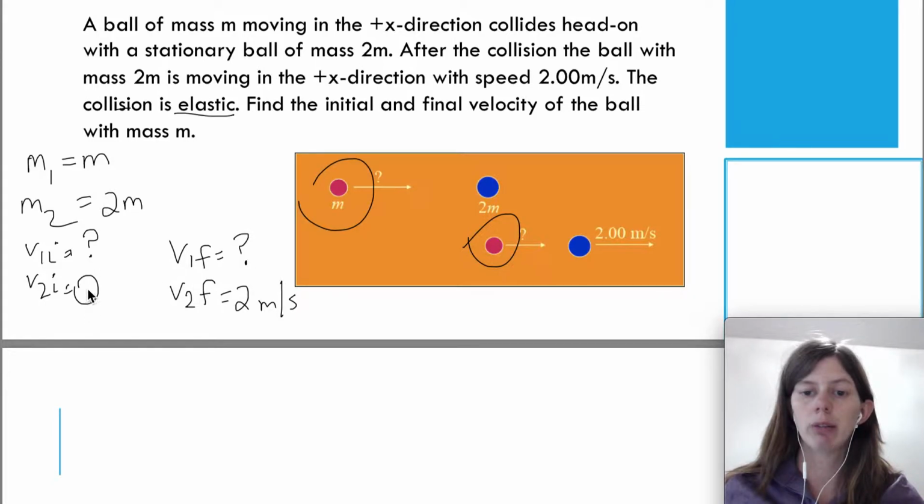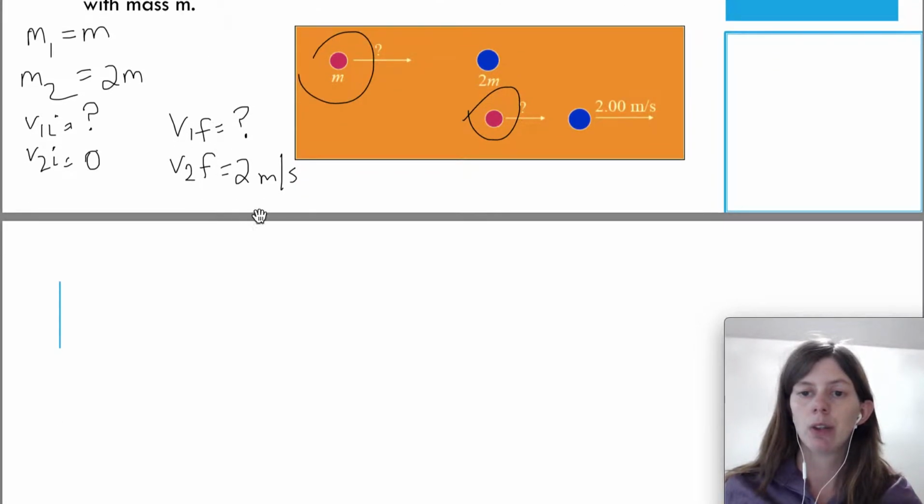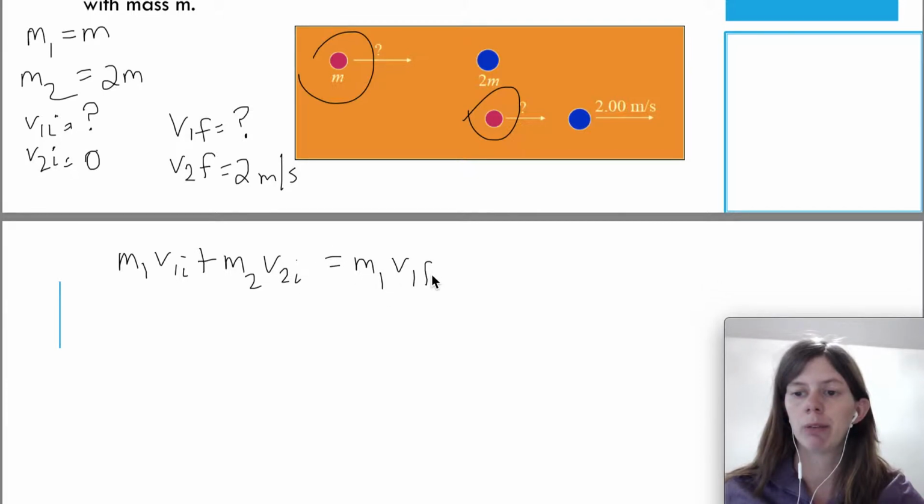So those are all of our givens, and now we're ready to use our equation for conservation of momentum, and also the shortcut equation because this is an elastic collision. So let's write them down. We have m1 v1 initial plus m2 v2 initial equals m1 v1 final plus m2 v2 final.